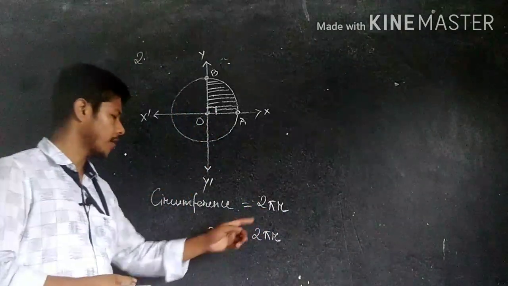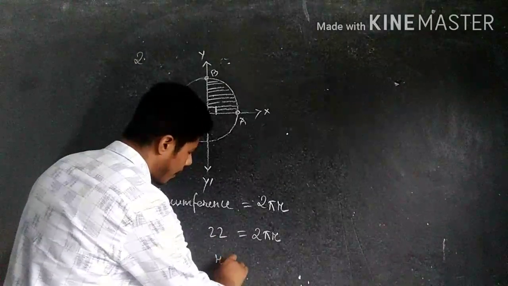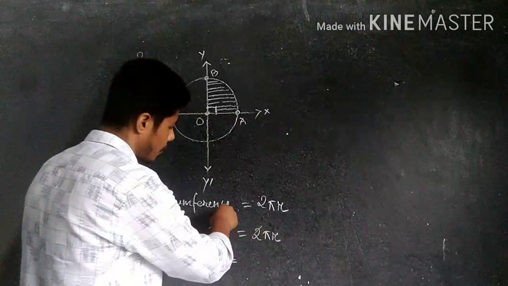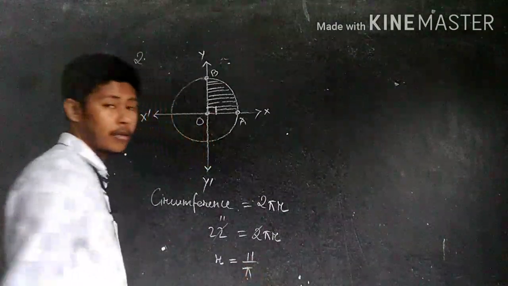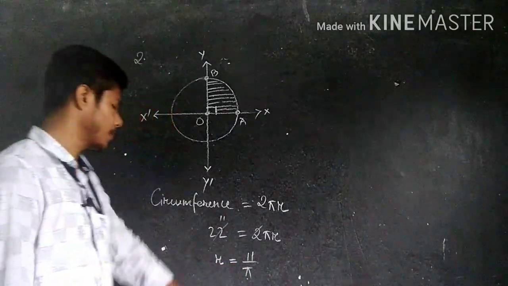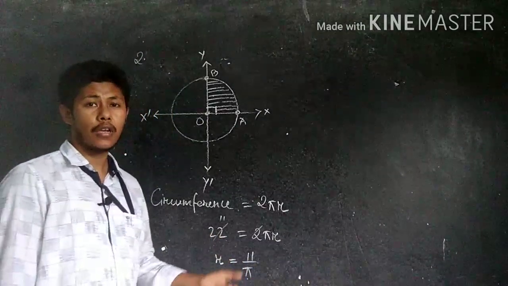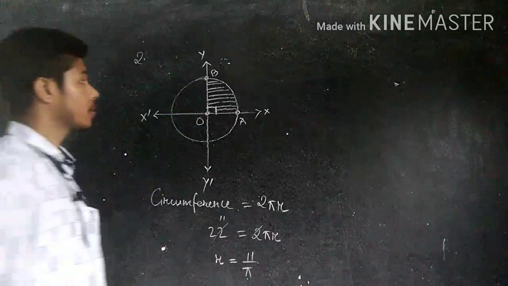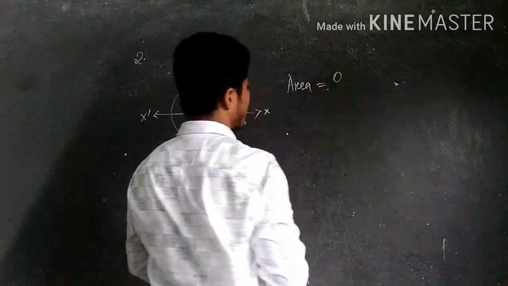If you calculate from here, we can easily get the value of r: it is 11 by pi. You can keep it like this, or you can put the value of pi here also. So in this way we get the value of the radius. Now easily we can use the sector formula. So if you find the area, area equals theta by 360.